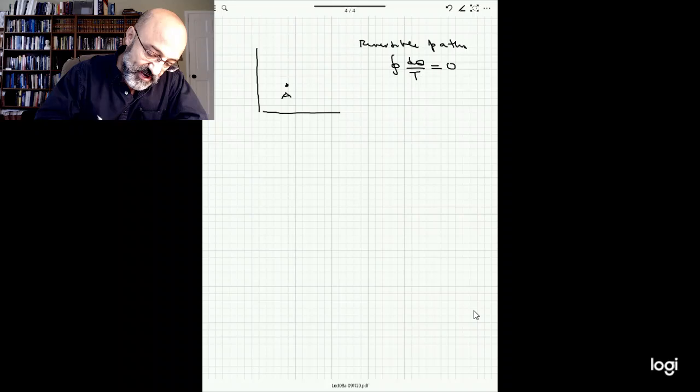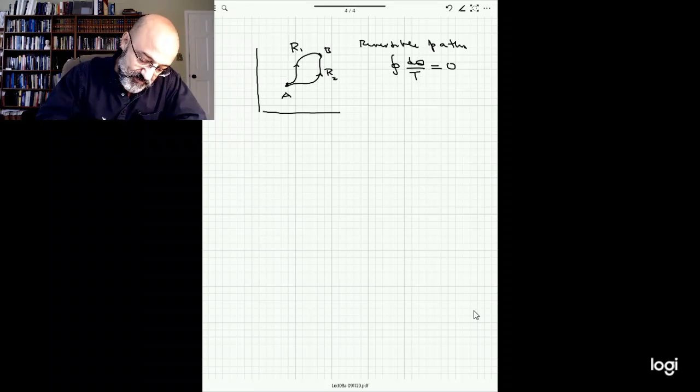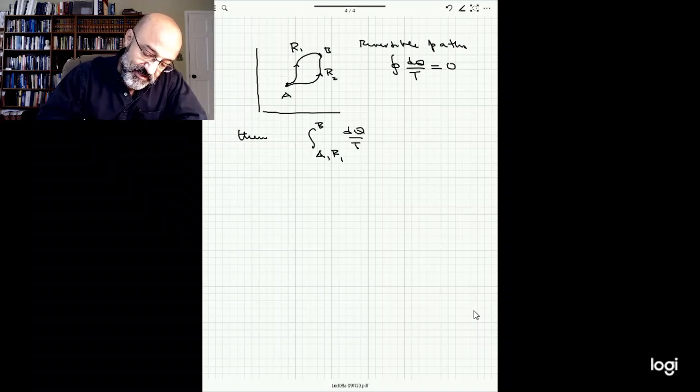So you can rewrite this as saying, if you go from A to B by a reversible path R1, and you go from A to B by another reversible path R2, then the integral from A to B along path 1 of dQ over T is equal to the integral from A to B along path 2 of dQ over T.